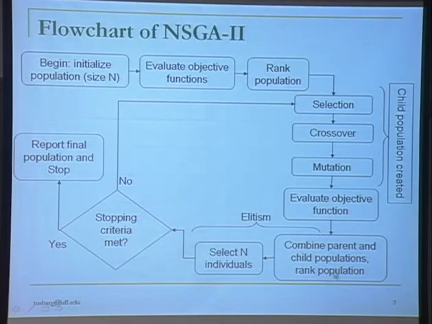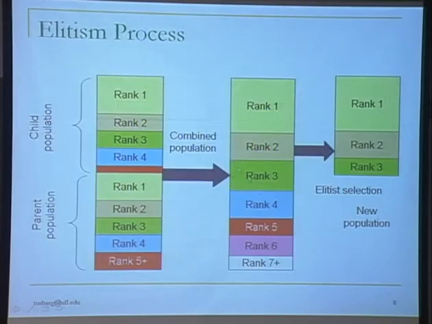Now I do a ranking on this set of 2n solutions, and I select n individuals. This is elitism. So we have used ranking the first time here to select the mates. The second time, ranking is used here to find out the next generation population. Okay. Next I am going to just explain the elitism process.